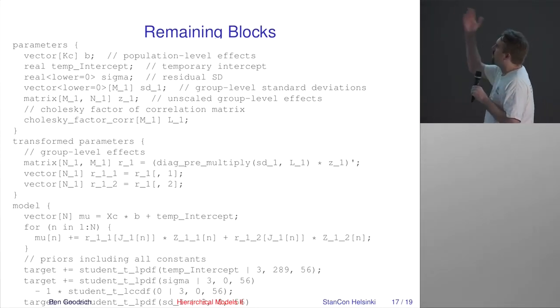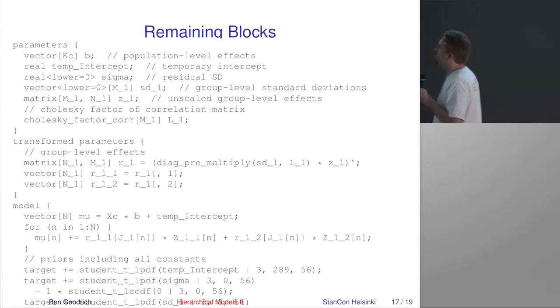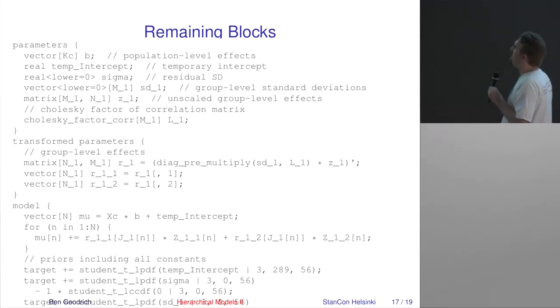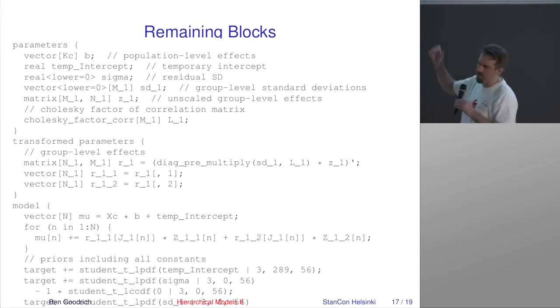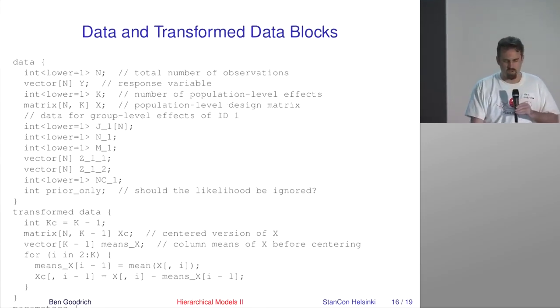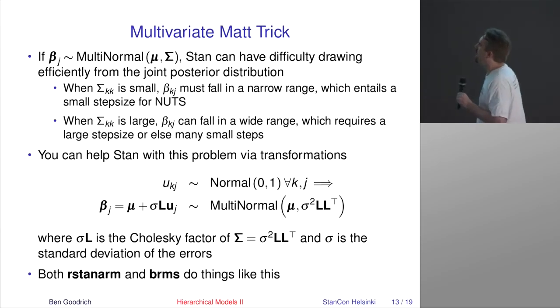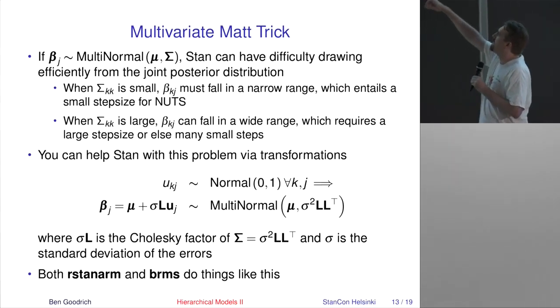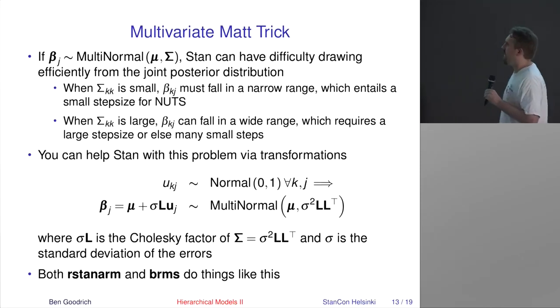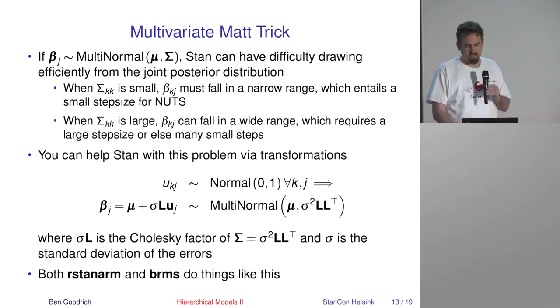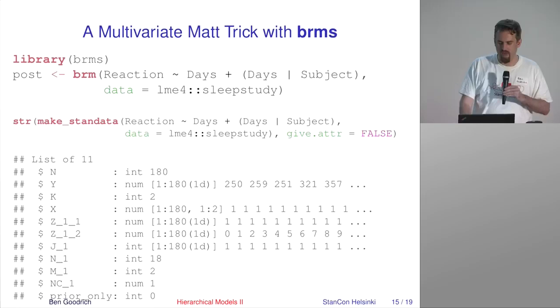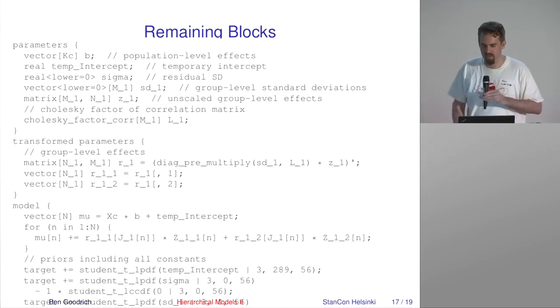And so those are both the common parameters and the primitives of the individual level deviations. And then in the transformed parameters block, we do something that is basically equivalent to this line here, taking our primitives, pre-multiplying them by a Cholesky factor of a correlation matrix, scaling that up by the estimated standard deviations.